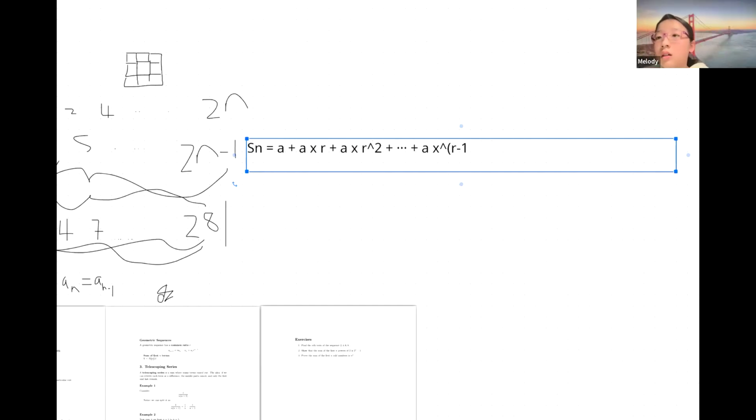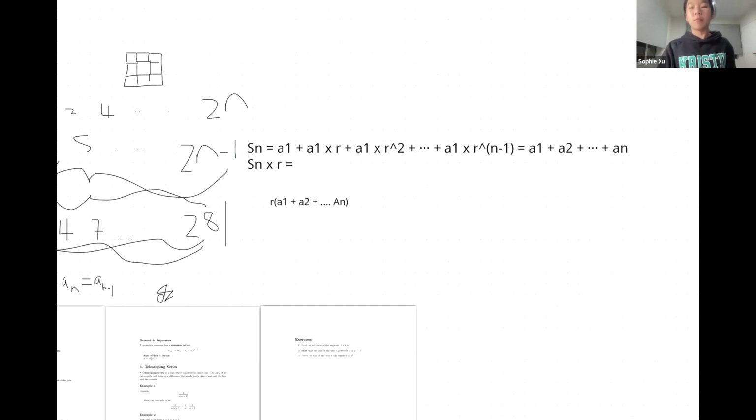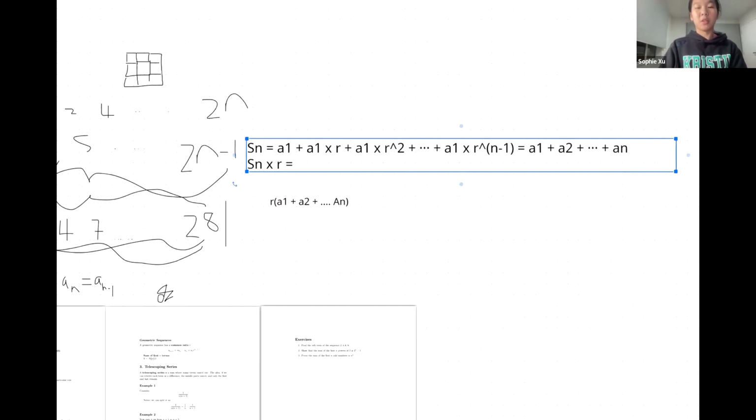So what are two ways you can write Sn times r? One of the forms we wanted, right?